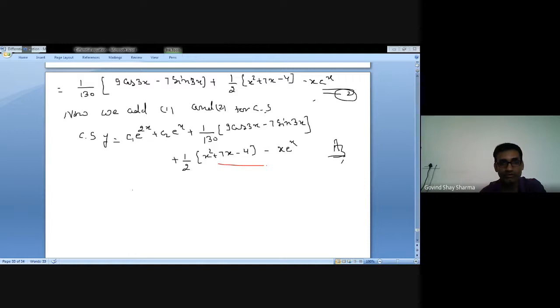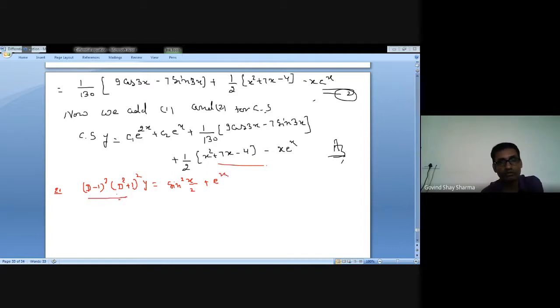D minus 1 whole square, D square plus 1 whole square, y equal to sine square x by 2 plus e to the power x.